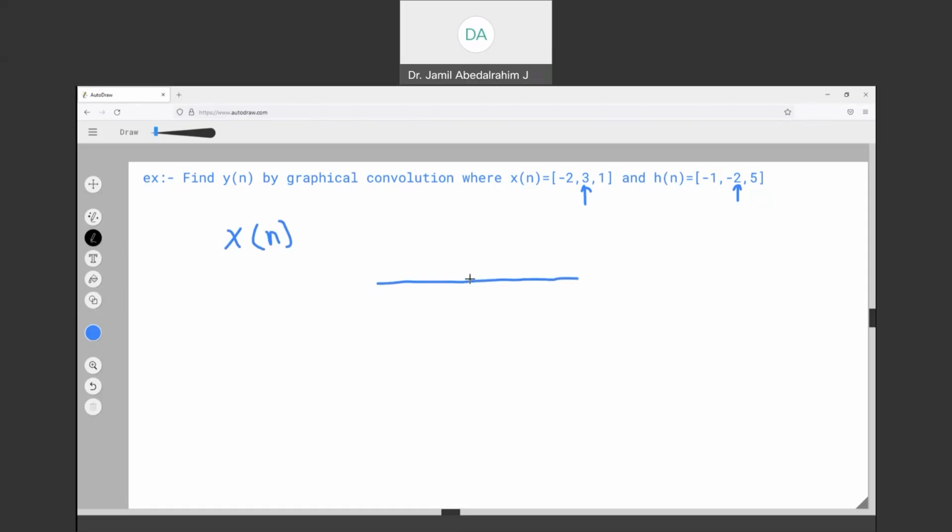So at 0, we have a signal with value 3. Okay. On the right side of the arrow, it's the positive part. So 1 will be located at 1. This is 3 and this is 1.